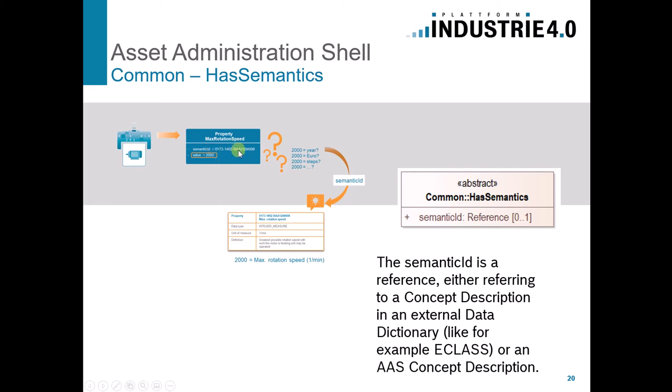If you look it up, in this case it's an eCl@ss identifier, then you will get the information like here. You would know it's a maximum rotation speed, measured in rotations per minute, and here you get the English definition, but in dictionaries you also get the definition in other languages, for example in German, in Chinese, whatever language you need.